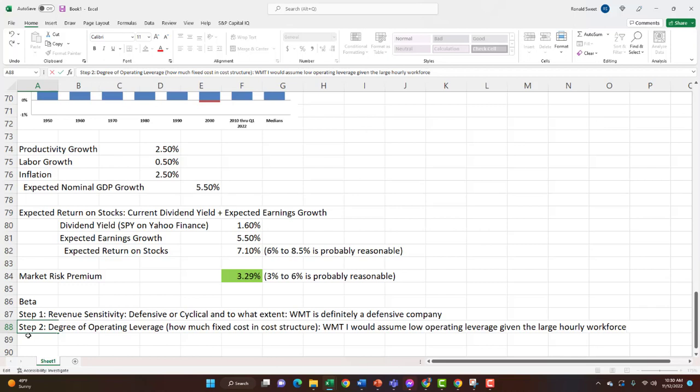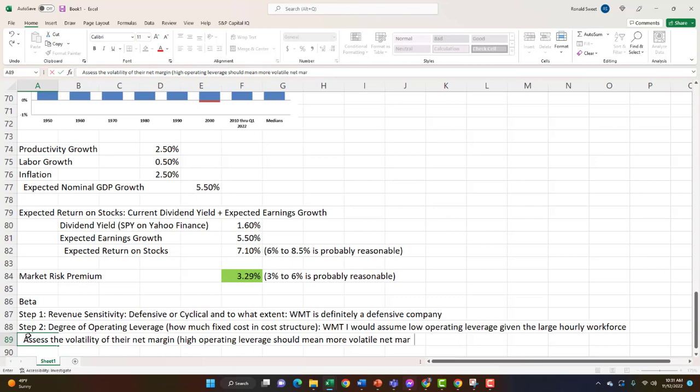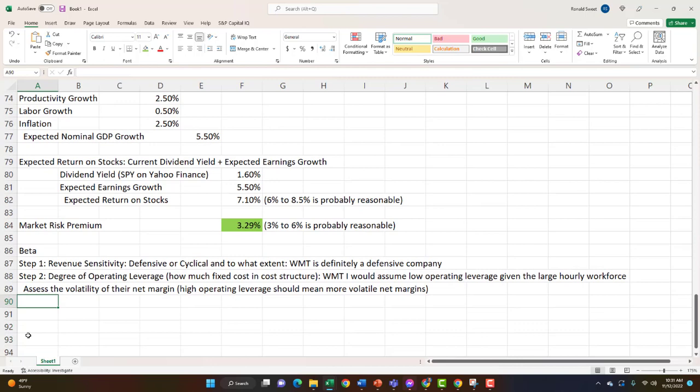In the notes, there's a list of things to consider. But the other thing we can do is assess the volatility of their net margin, because a firm with high operating leverage should have more volatile net margins. That's my theory, but I think it's perfectly logical. And we have a table that shows that.